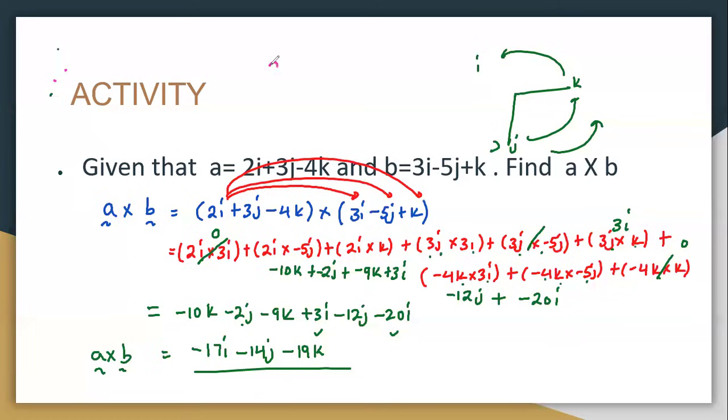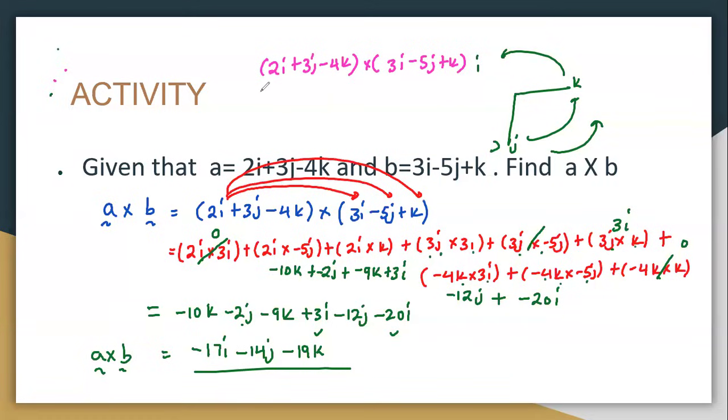We come to this number. We have 2i plus 3j minus 4k cross 3i minus 5j plus k. How do we open? Open for me the way you open the other bracket.